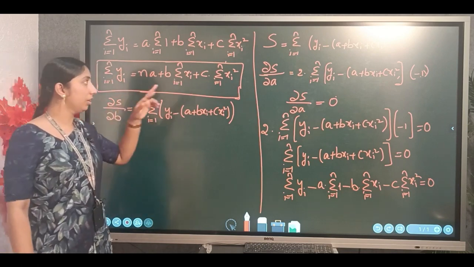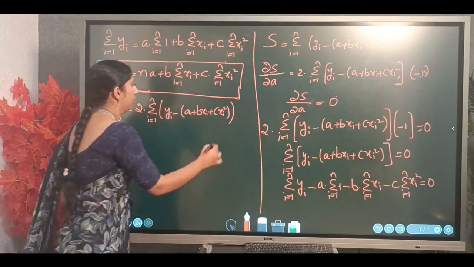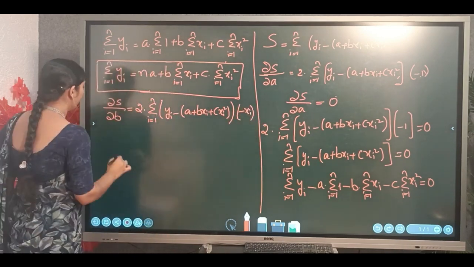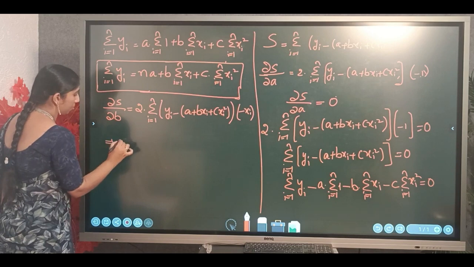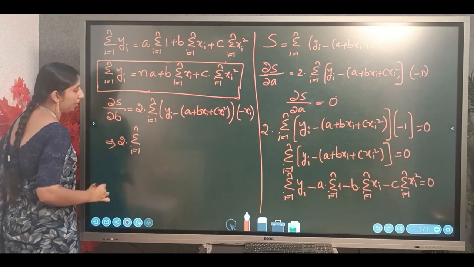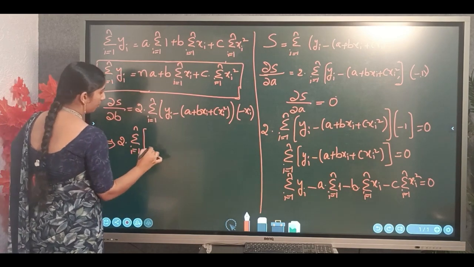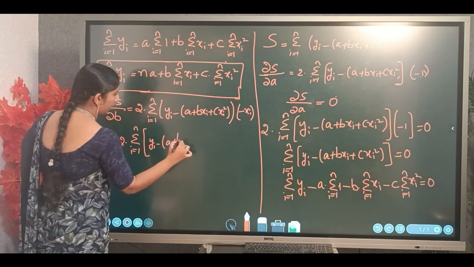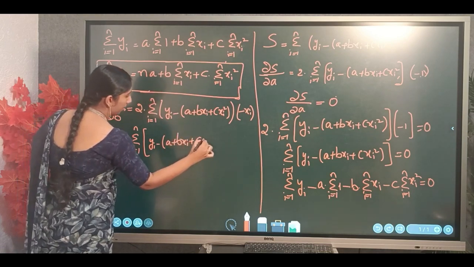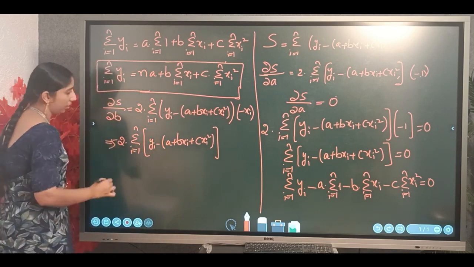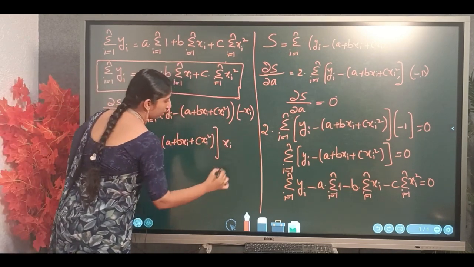Is there any b term here? Yes, minus bxi. So what we will get? Minus xi. Clear? So 2 into summation i equal to 1 to n of yi minus a plus bxi plus cxi square, and this minus moving to this side, what is there? Xi.